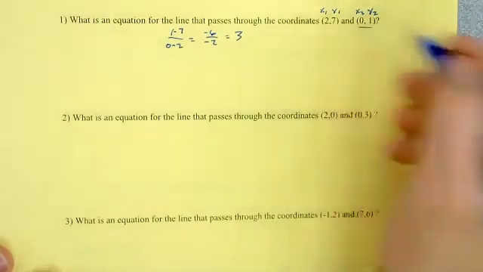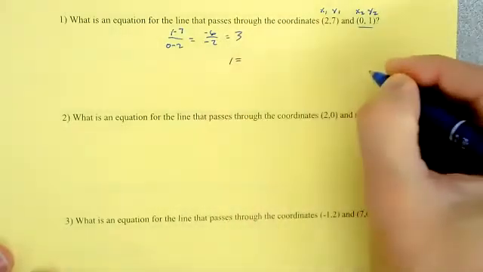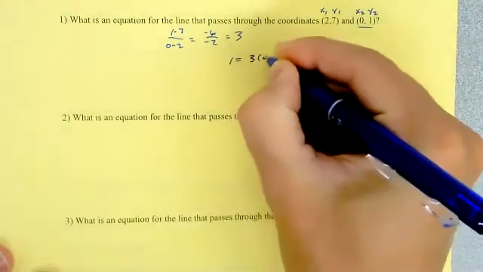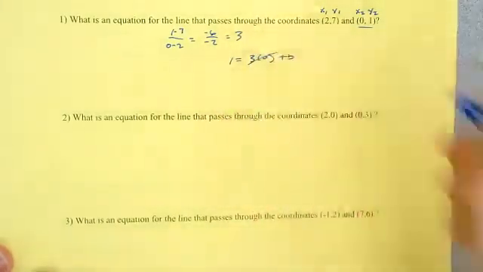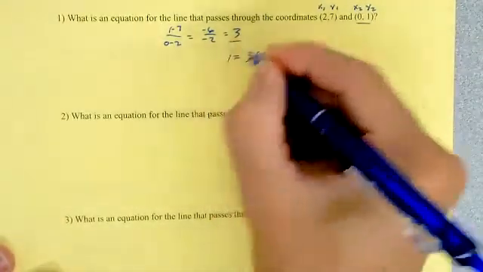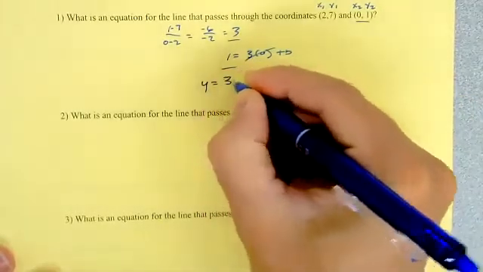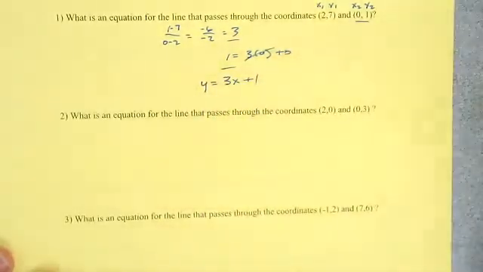I'm going to plug in those points because it looks a lot easier: 1 equals 3 times 0 plus b. It's going to cancel out. I get b is equal to 1. So I have my slope and my y-intercept: y equals 3x plus 1.